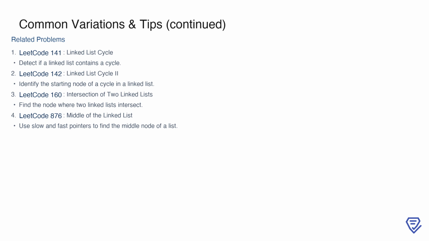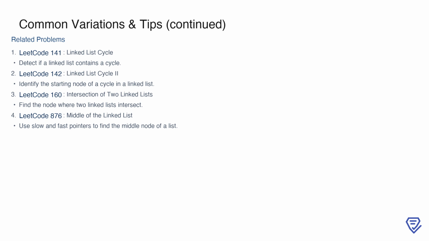LeetCode 160, intersection of two linked lists, is another common problem where you need to find the node where two linked lists intersect. Finally, LeetCode 876, middle of the linked list, introduces the slow and fast pointer technique to determine the middle node of a list.